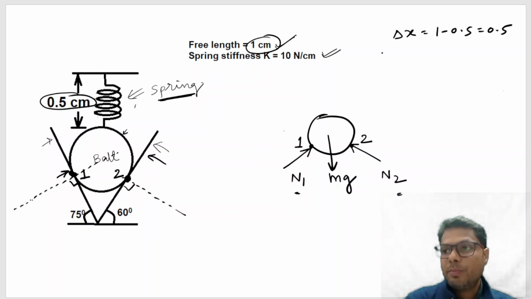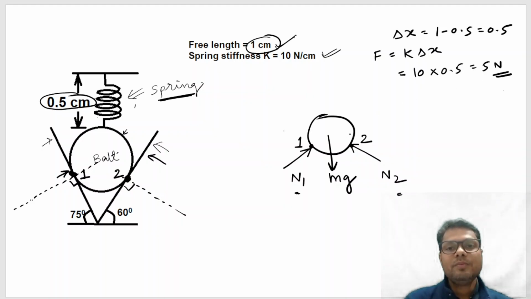So what will be the spring force? Spring force will be K delta x. Okay, K is 10 Newton per centimeter and delta x is 0.5. So 5 Newton will be the spring force, and this 5 Newton will be acting like this. Why? The spring is compressed, so it will push. If you compress the spring it will push.